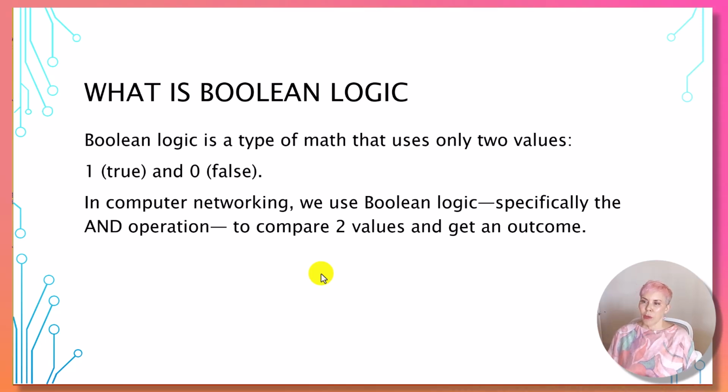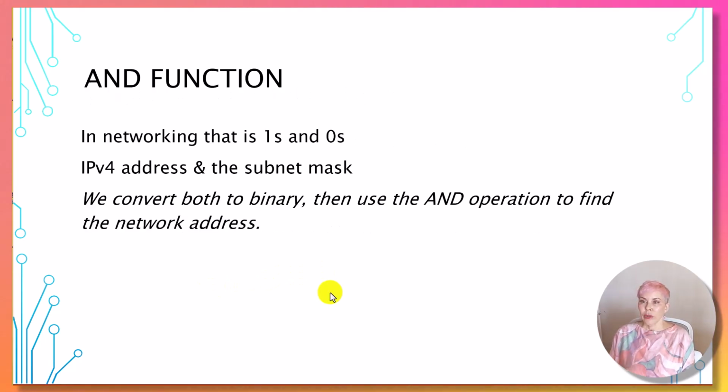In computer networking, we use Boolean logic, specifically the AND operation, to compare two values and come up with an outcome. In networking, we're using the AND function, specifically ones and zeros, binary. We know that binary only has two values, ones and zeros.